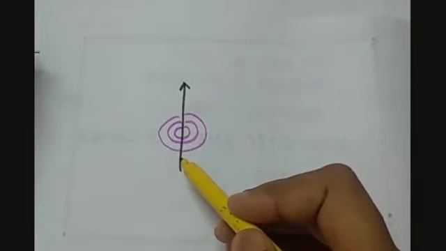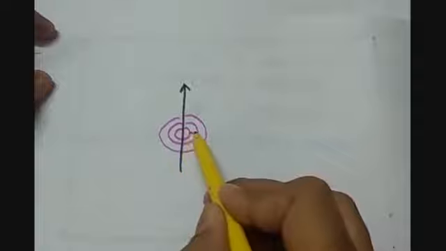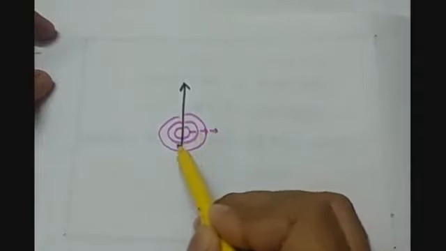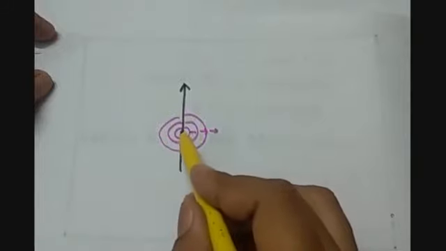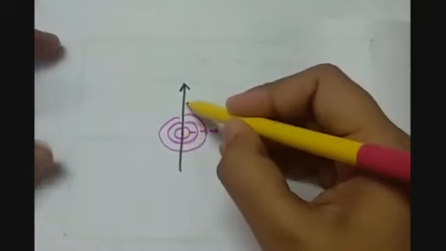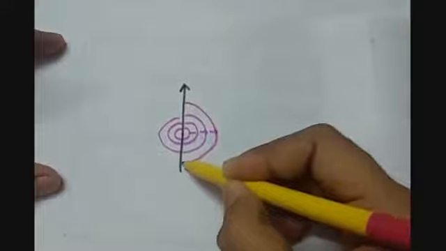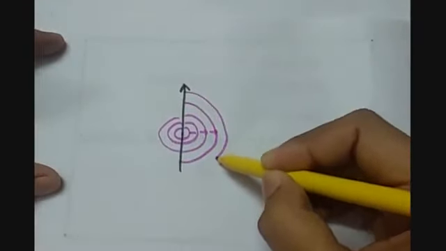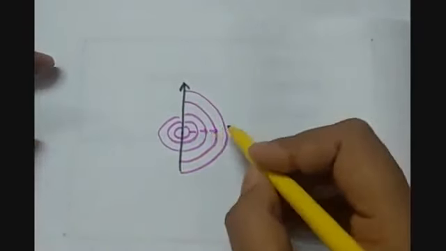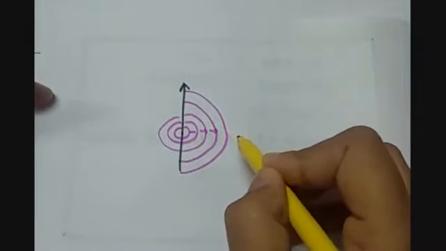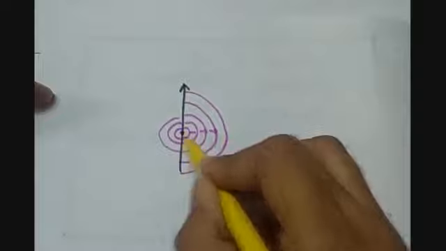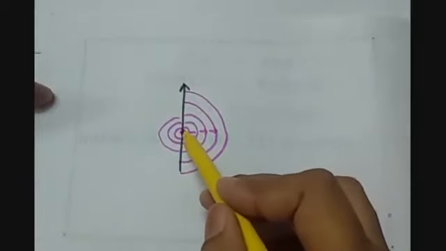And we have also studied that as we go away from the center of the concentric circles, that means the conducting wire, these circles become larger and larger because the magnetic field strength is decreasing as we go away from the straight conductor.